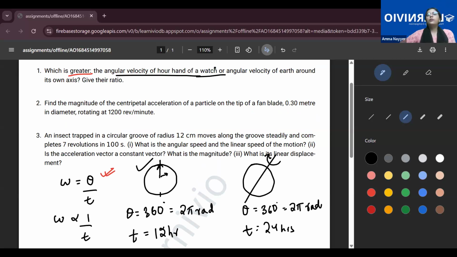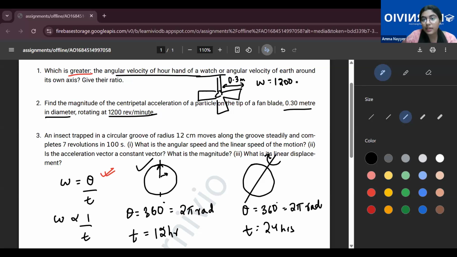Second, find the magnitude of centripetal acceleration of a particle on the tip of a fan blade, 0.3 meter in diameter, rotating at 1200 revolutions per minute. See, a fan is there, and these are the blades of the fan. One blade is 0.3 meter long, and the angular velocity is 1200 revolutions per minute.